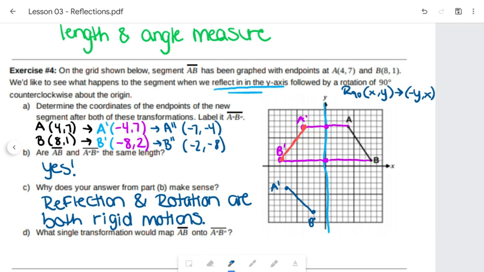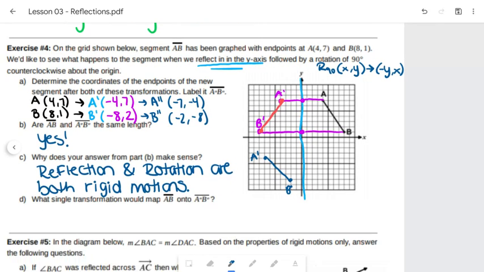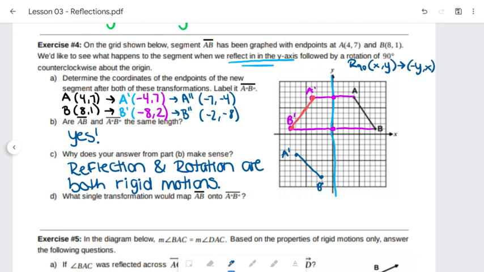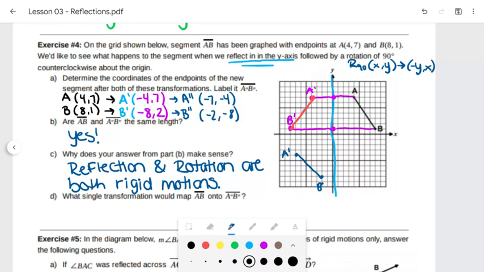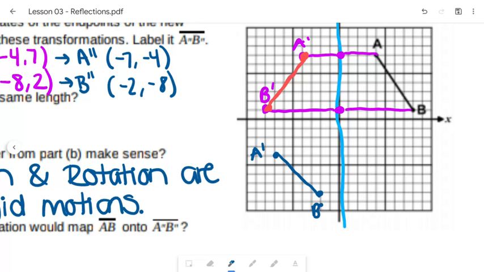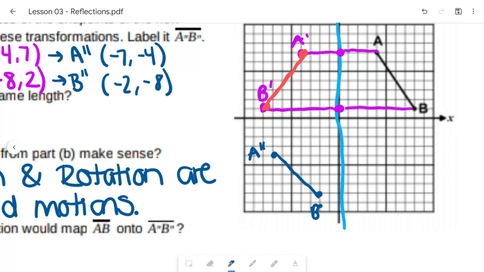Now it does ask me what single transformation could map these two onto each other. So this one was just a follow-up kind of question, but I'm looking at the original AB and my A prime B prime, or my A double prime B double prime. Now I just noticed I didn't mark them with double prime, so I'm going to go in there and make sure they're there.